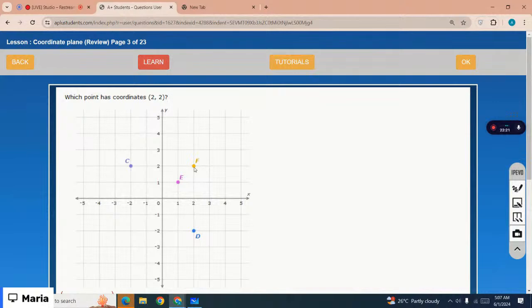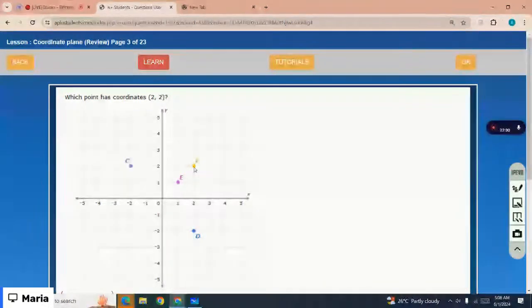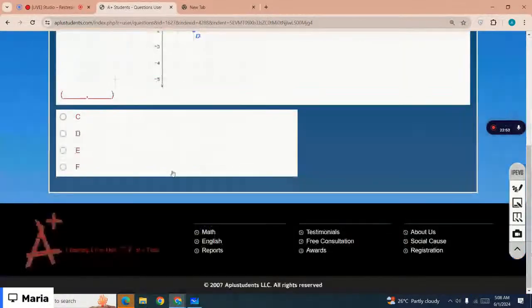So that is the point F. That means at 2, 2 you have the point F.